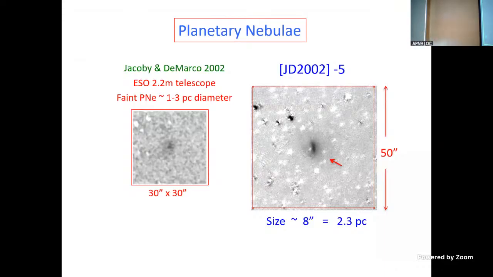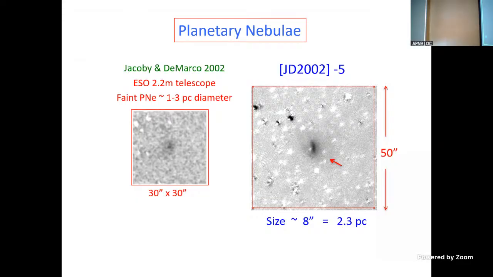This is a planetary nebula in the Small Magellanic Cloud. Jacoby and De Marco did the survey using the ESO 2.2 meter telescope. They show this image of the planetary nebula, and for the same nebula using DAMCEL's image, we see this. Okay, this is the same scale, so it's much better.